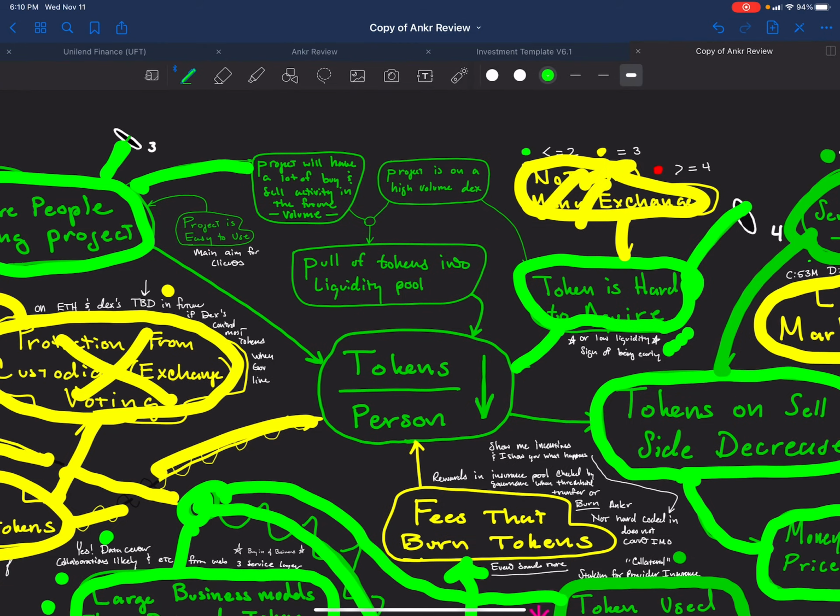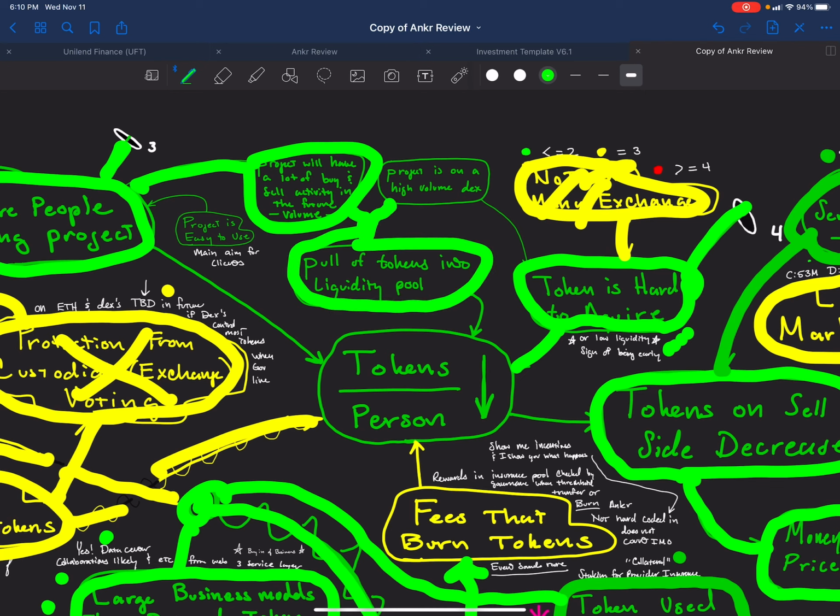So the project is basically on DEXs, so we're going to see some liquidity pooled. Basically the project will have a lot of buy and sell activity. Project is on a high volume DEX. It has a community. It's going to have involvement. All of that's going to lead to people participating and pooling liquidity into the liquidity pool, and pooling tokens for those who save, those who are hodlers, versus those who like to sell right away.